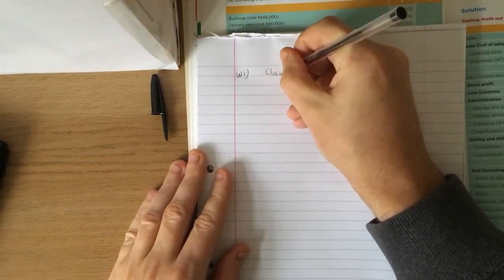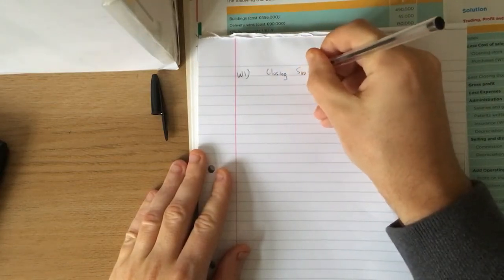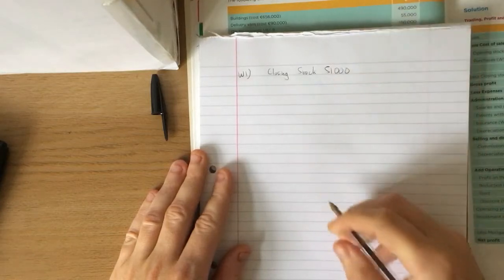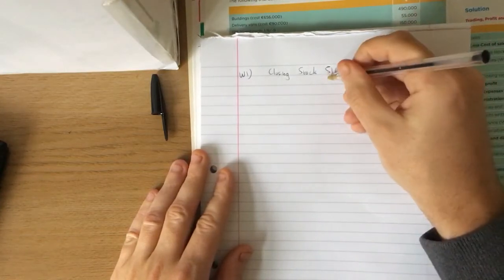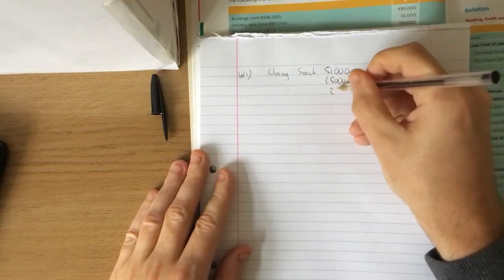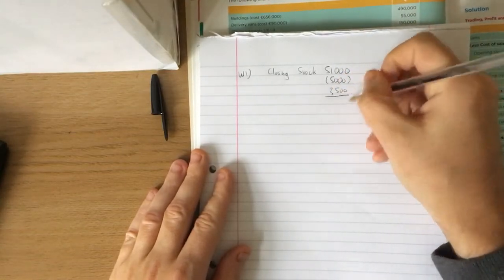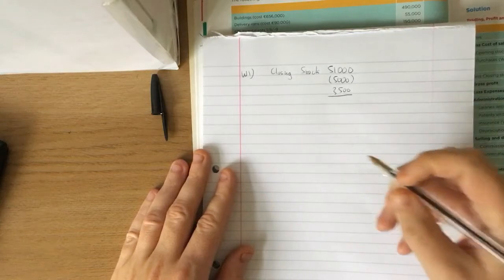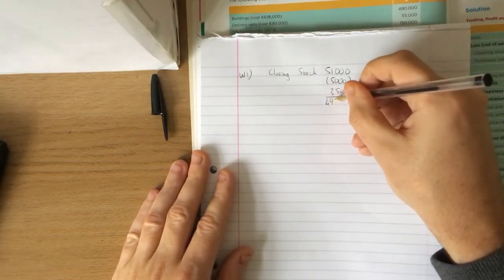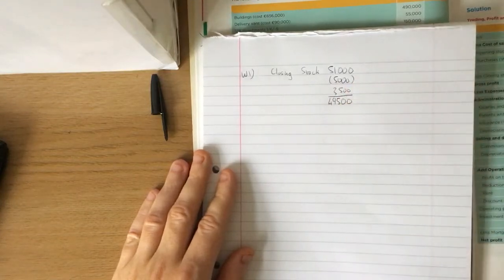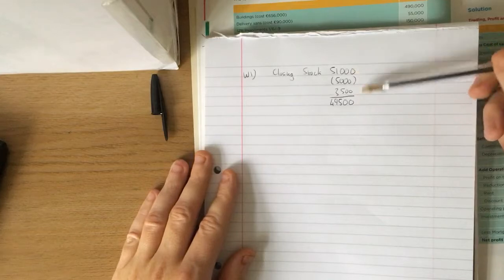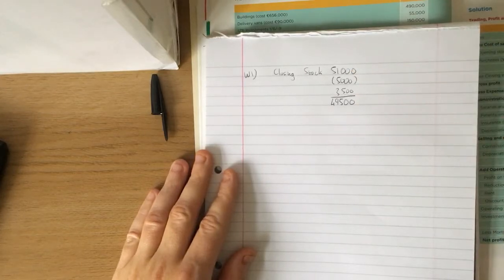Closing stock €51,000. Take away the 5,000 for damaged stock plus the 3,500 for what it's now worth, and that is 49,500. So the difference between them is 1,500, so I'm essentially taking the 1,500 away, adjusting for that.